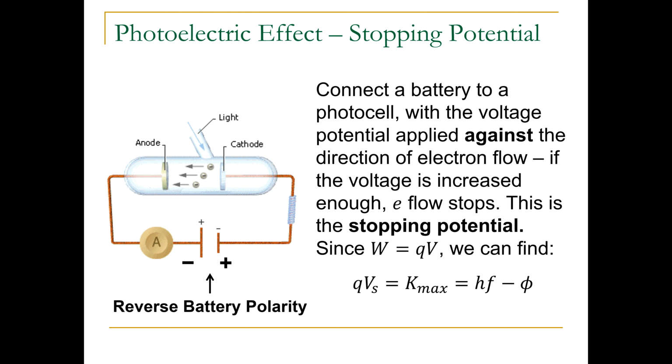This is known as the stopping voltage, and it's written as Vs. Again, if we think about this in terms of energy, we could have q times Vs and set that equal to our K max. You can think of this stopping voltage or stopping potential in terms of energy. So it's an additional amount of energy needed to emit electrons.